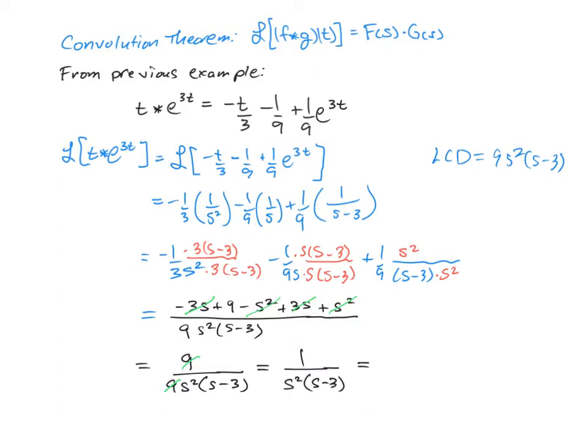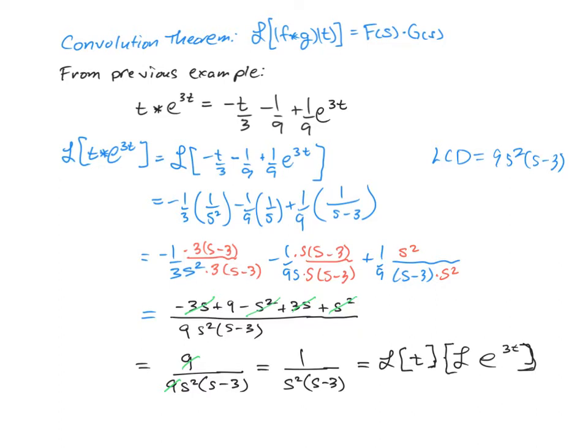If you look at this, this is the product of the Laplace transform of t, which is 1 over s squared, multiplied with the Laplace transform of e to the 3t, which is 1 over s minus 3.